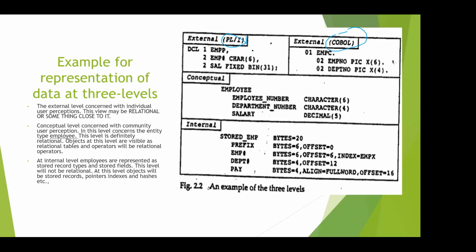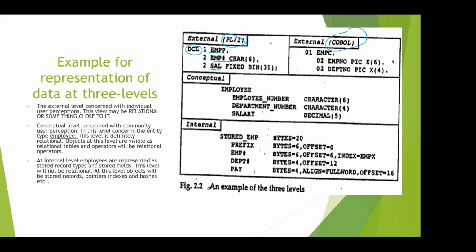Here he can declare the objects: employee number, the stored file, and this employee number and this salary. He defined them by using a declare statement. So that is a DCL.